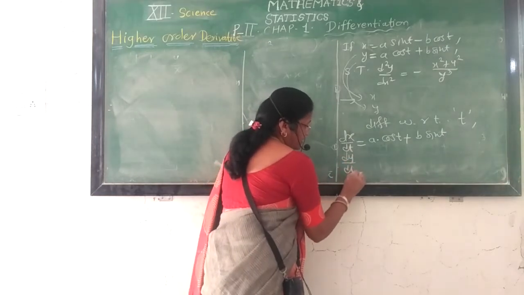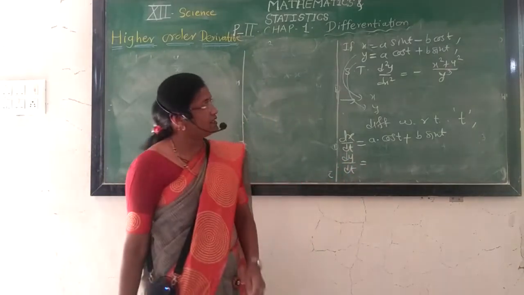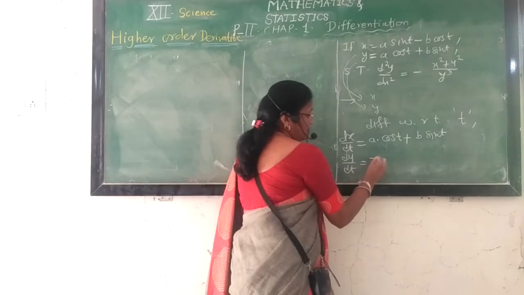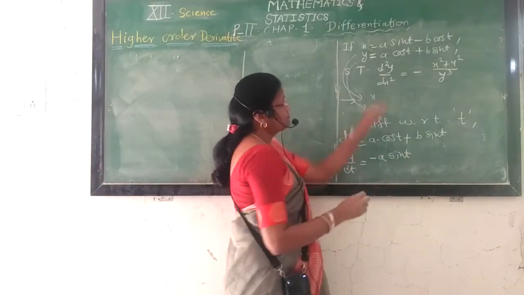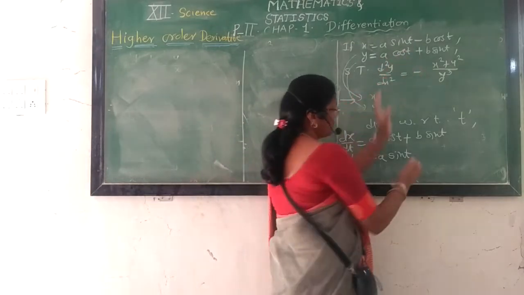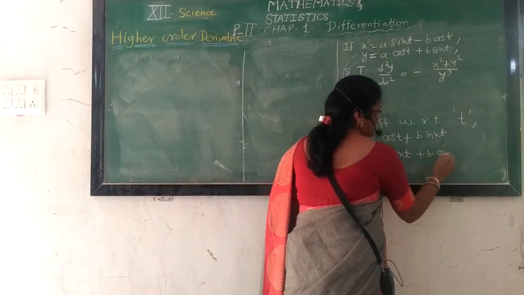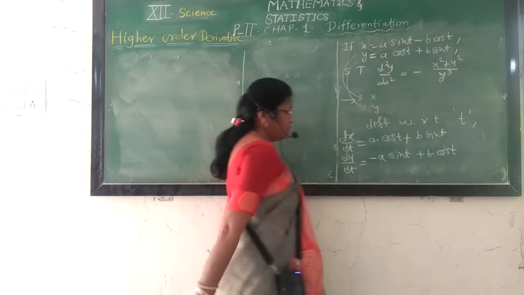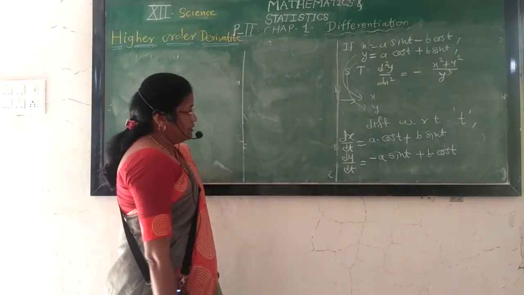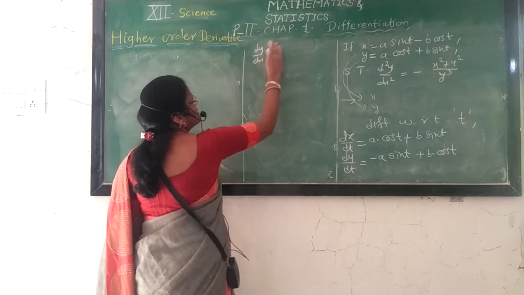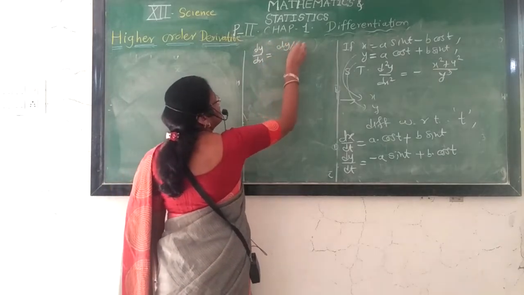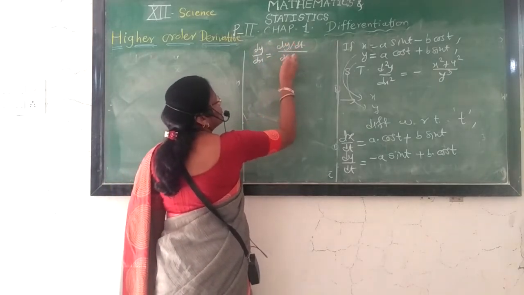Now again find the derivative of y with respect to t. Here a is constant, derivative of cos t is minus sin t, b is constant, derivative of sin t is cos t.